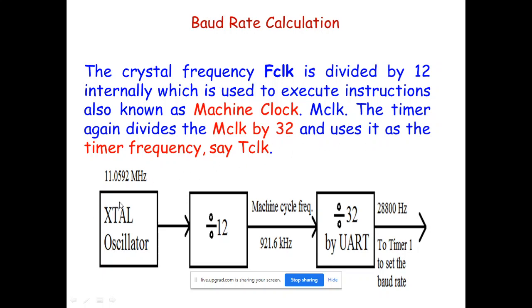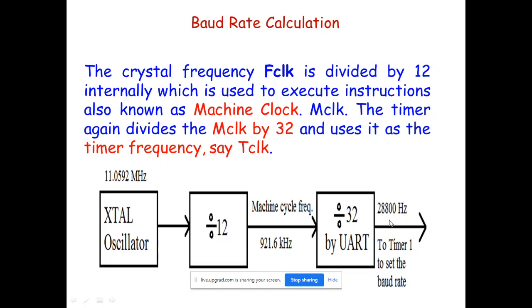In this fashion, the crystal frequency is 11.0592 megahertz, which is divided by 12. Your machine cycle frequency comes to 921.6 kilohertz. Again you want to reduce the frequency, and that's why we divide by 32 for UART. Now the UART frequency is 28800 hertz, after dividing 921.6 kilohertz by 32.